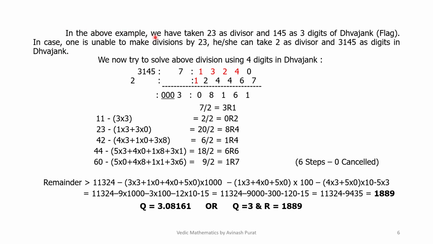In the above example, we have taken 23 as the divisor and 145 as the 3 digits of Dhvajank, that is, the flag. In case one is unable to make divisions by 23, he or she can take 2 as the divisor and 3145 as the digits in Dhvajank. We now try to solve the above division using 4 digits in Dhvajank.